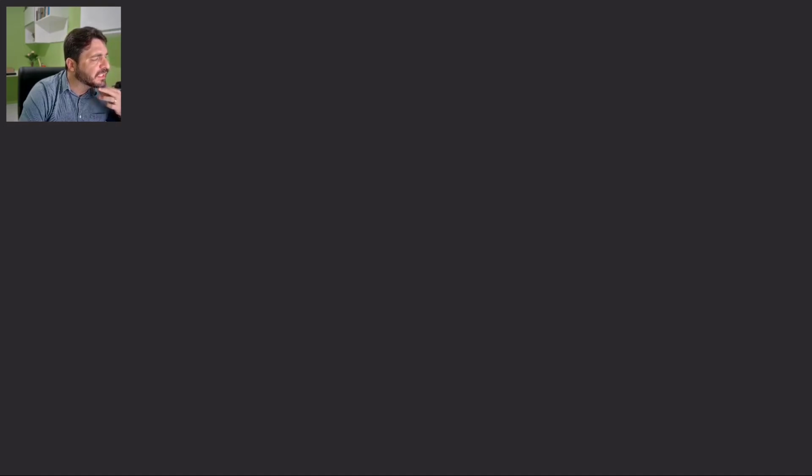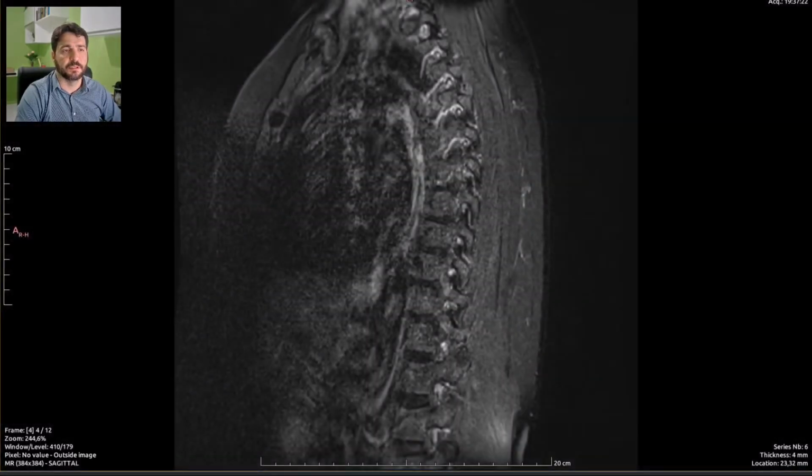She has a very severe and persistent pain on the chest or the thoracic region. So it's a painful spine. Let's load the images.